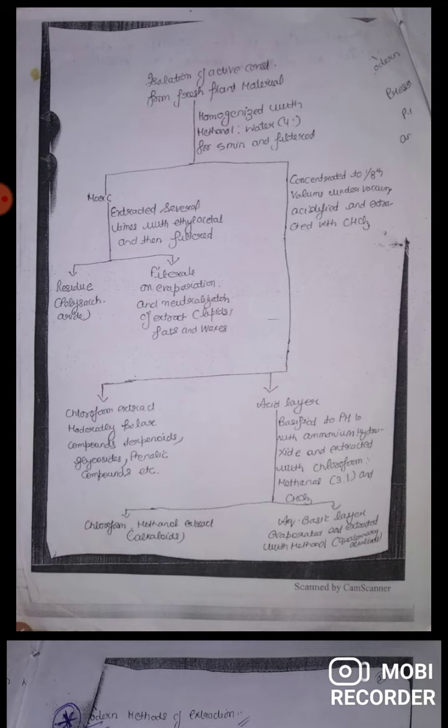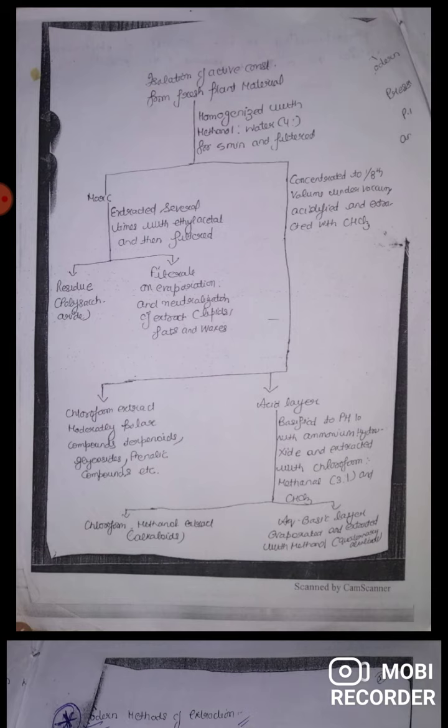Another one: the filtrate is concentrated up to 1/8 volume under vacuum, after that acidified and extracted with chloroform. So we will get two layers: first is the chloroform extract and second is the acid layer.